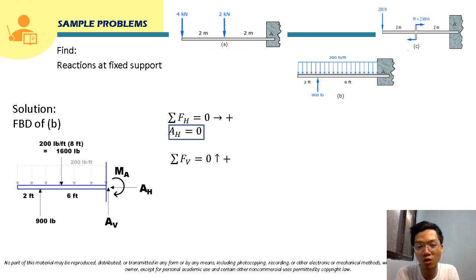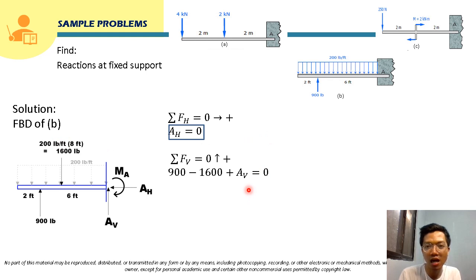So we can directly solve for AV since there are no other unknown vertical forces other than AV. So we just sum up forces vertical is equal to 0. So upward forces will be positive. So this will just be 900. So that is positive since it is upward. Minus 1,600 since it is downward.